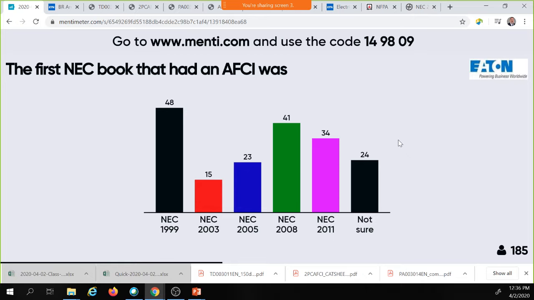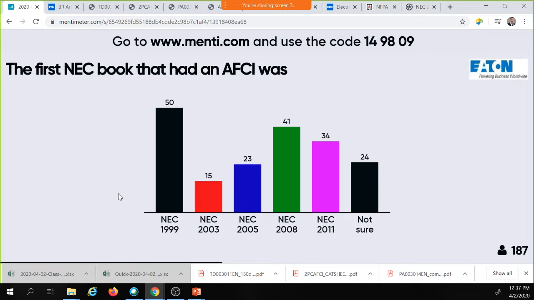This is interesting because the first one was actually the 1999 National Electrical Code. That's how far it goes back. The AFCIs have been around for a very long time. Look at that. I love that. This is what I call the horse races. As soon as you put the answers up, people want to start answering it. 50 of you said 1999, which is a good thing.